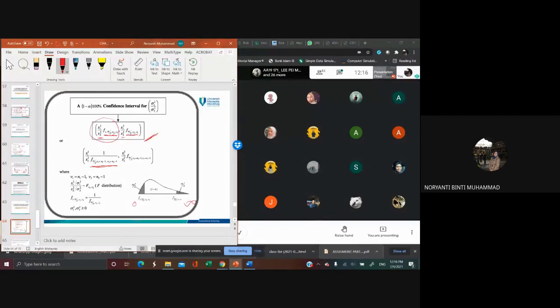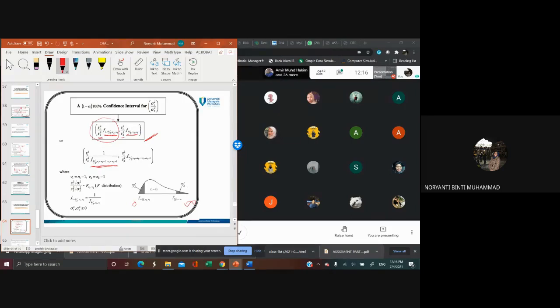And then if you look at the F table, if you have the table with you, chi-square is pages 38, 39, but F you will have pages 40, 41 until 55.